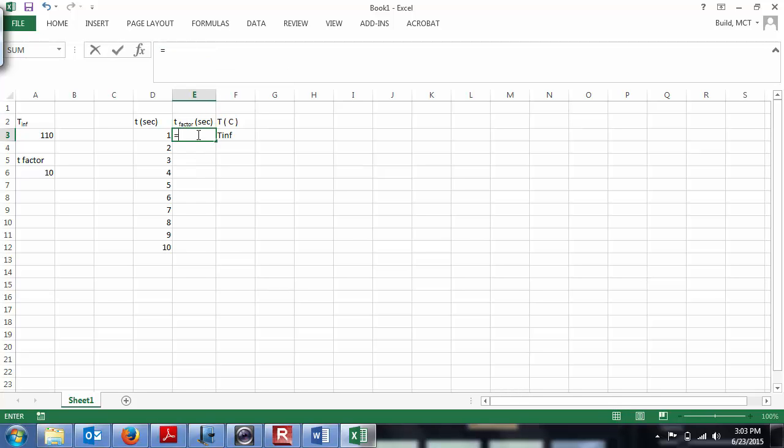So I'll say this equals that number times this number, and I'm going to put a dollar sign in there to pin it. So now you can see that I can actually mess with that whole column right here.